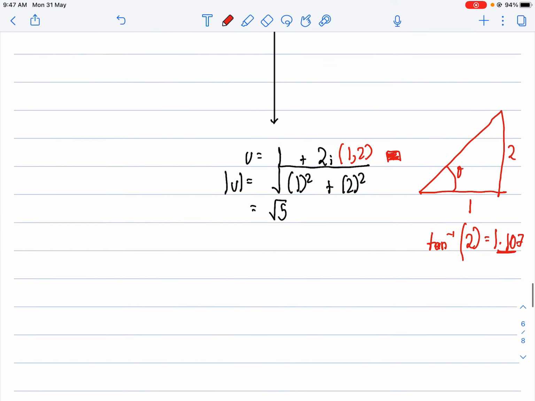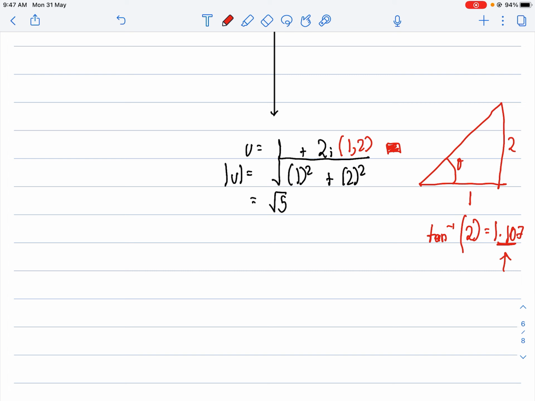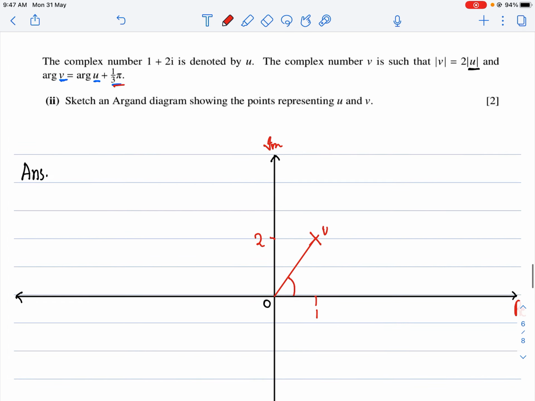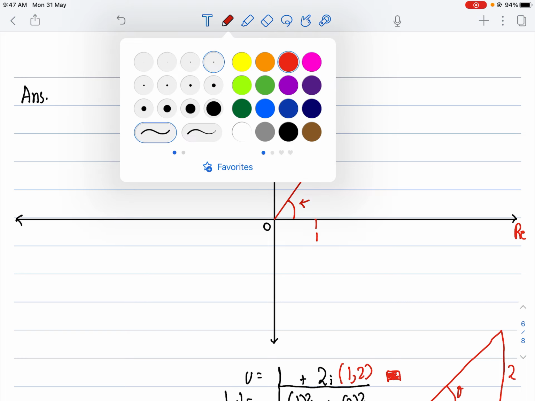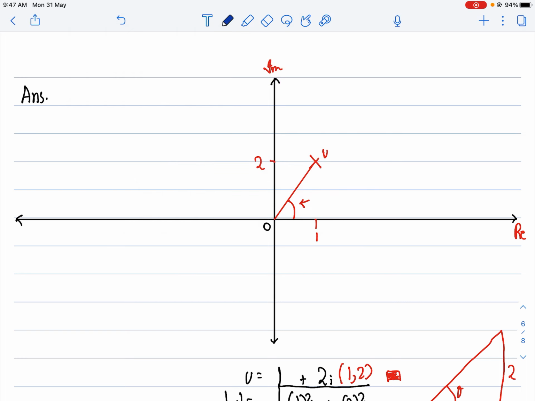whatever argument you get here, you should add 1 over 3 pi to get the argument of v. That means the argument plus 1 over 3 pi gives me the argument of v, which I can say is somewhere here.